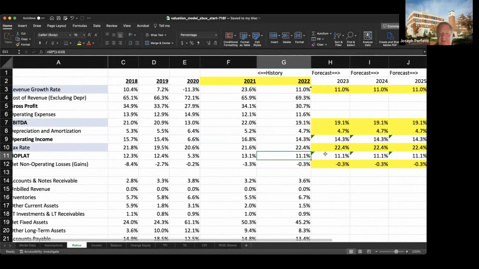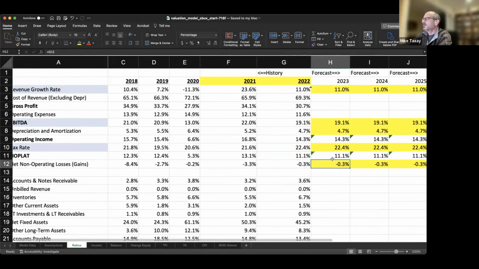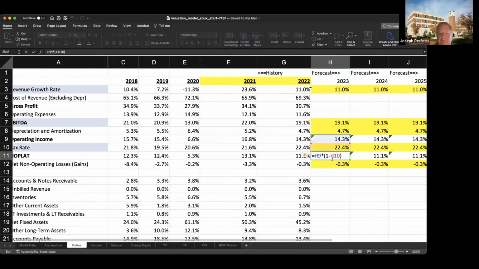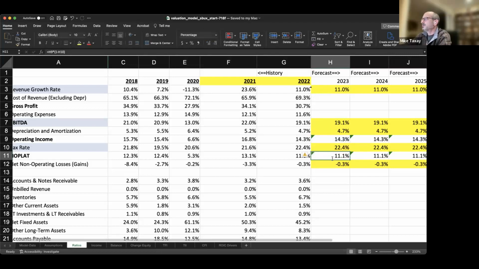You just copy it over to H and then over. But the whole idea is you take your operating income and you take out the taxes. So H9 times 1 minus the tax rate. So NOPLAT or NOPAT as a percentage of sales is what's left after tax. So just take it out. That's that formula. Any other questions?